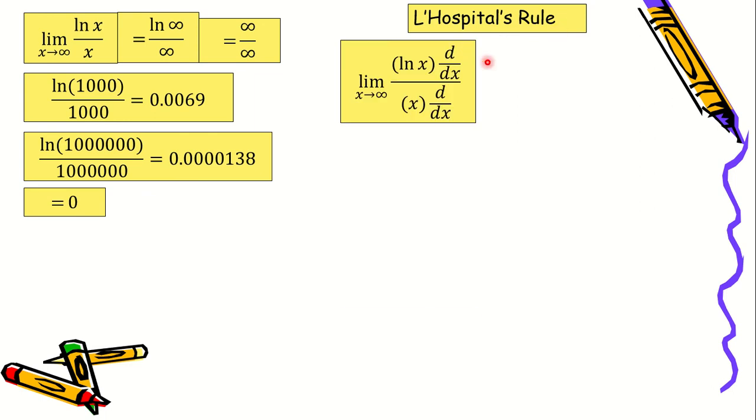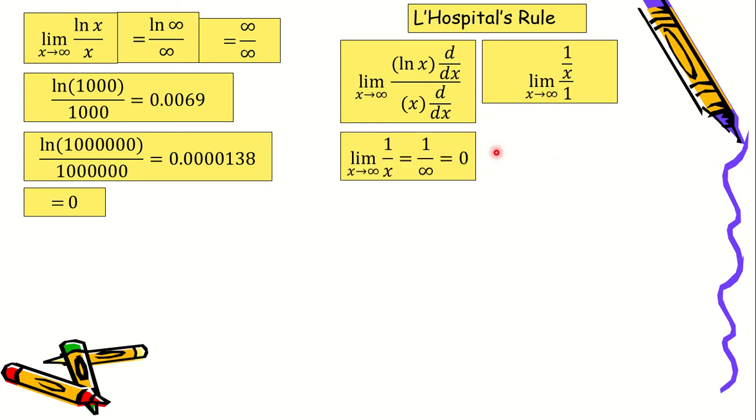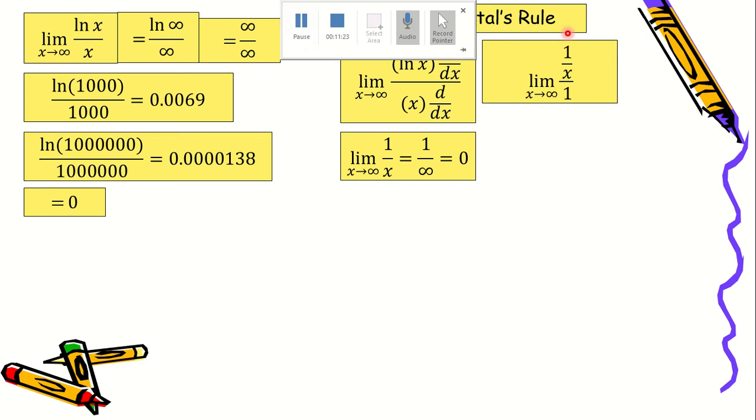So let's differentiate the numerator and the denominator separately. So ang derivative ng ln x ay 1 over x, and then ang derivative ng x ay 1. So we have the limit of 1 over x divided by 1 as x approaches infinity. So 1 over x divided by 1 is just 1 over x.